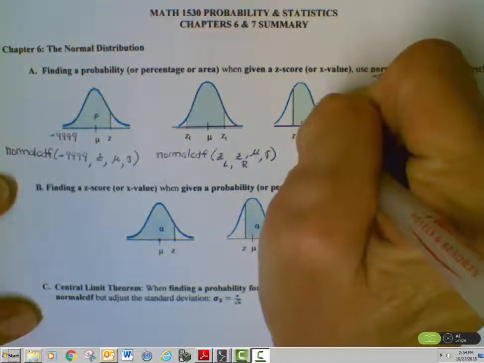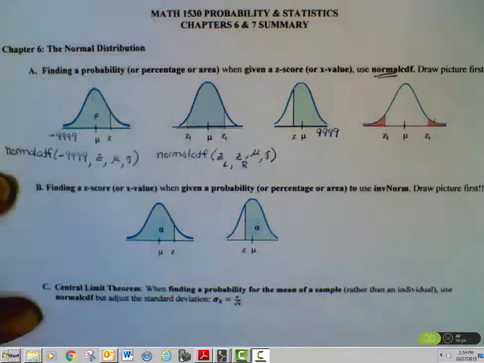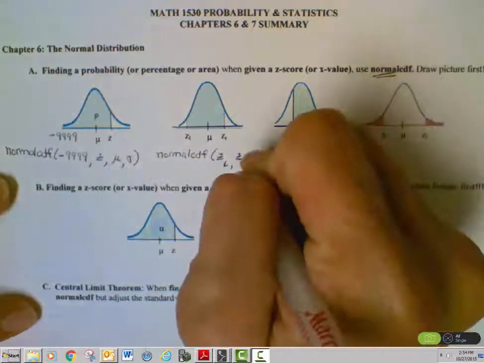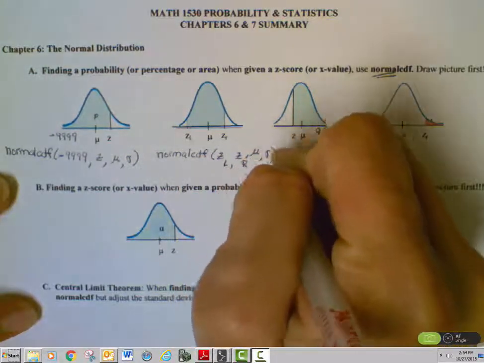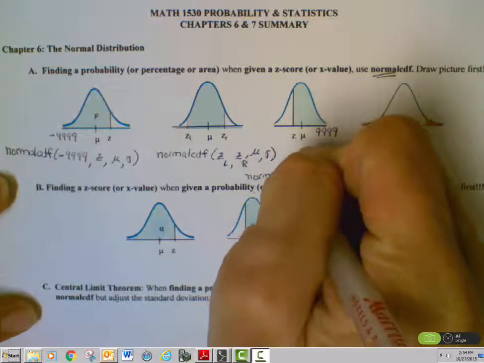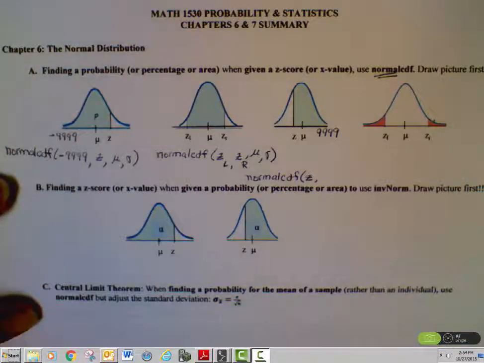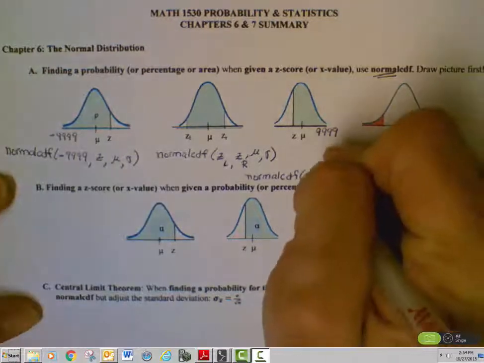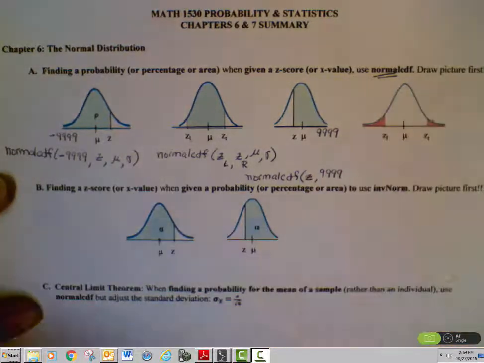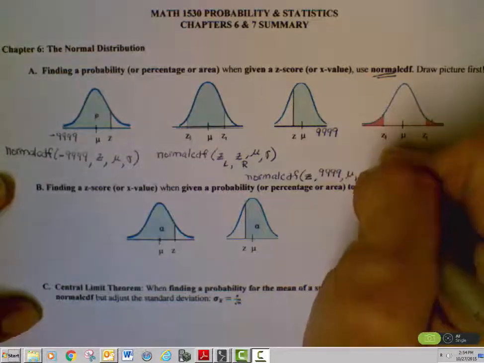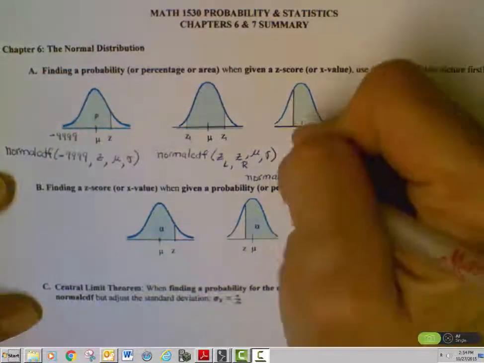And whenever I shade forever to the right, I use 9,999 as my upper boundary. So I would enter that on the calculator as normal CDF, the z-score or x value that I gave you, up to 9,999, and then enter the mean and the standard deviation.